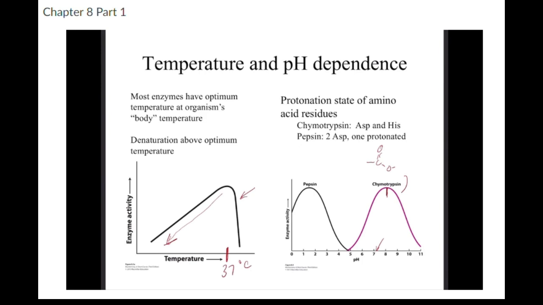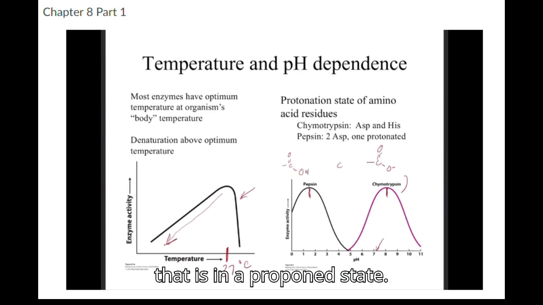Pepsin, on the other hand, is active in our stomach, and it has a pH optimum right around 2. What we see in pepsin is that there is one aspartic acid that is in a protonated state and another that is in a deprotonated state. The pKa for aspartic acid is around 4.